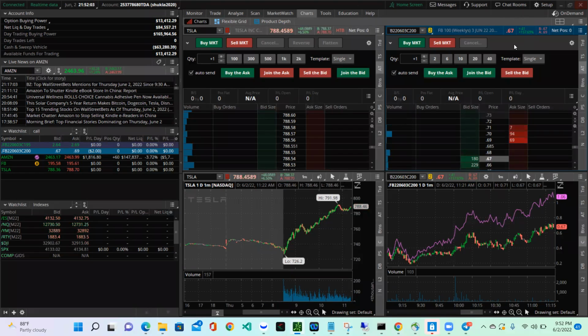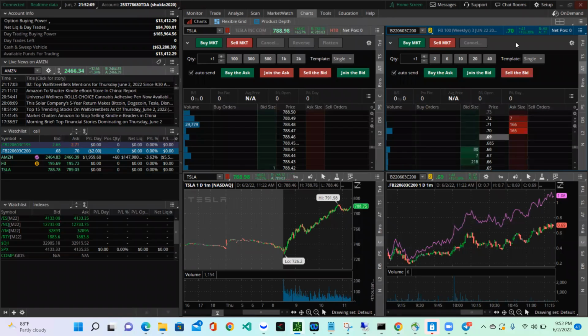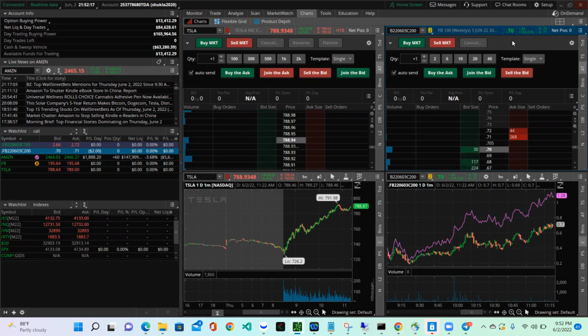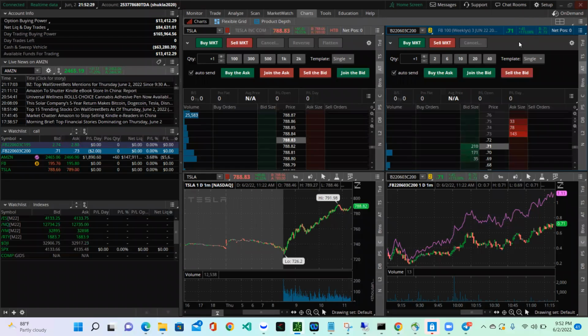So you have two contracts, one at 70, one at 65, but your average is 67.5. So if it hits 70, you would be in profit. If it hits 68, you're in profit.